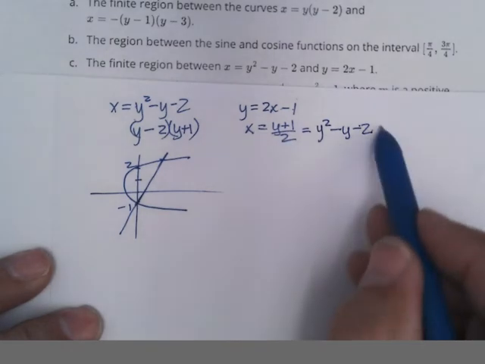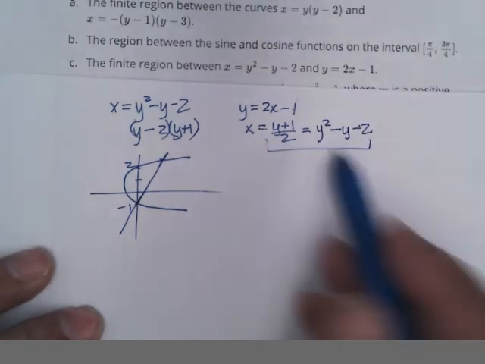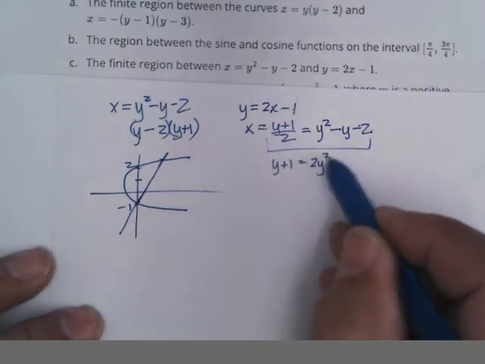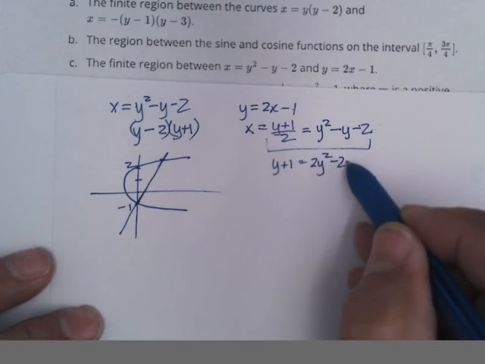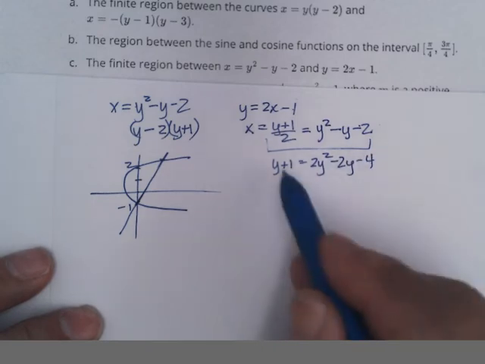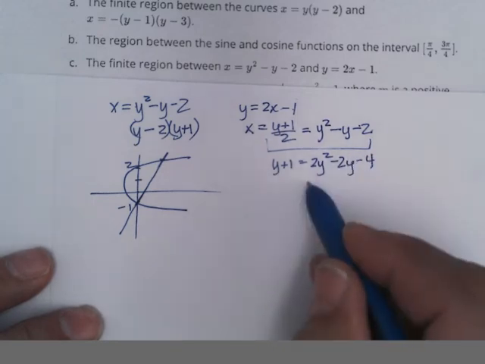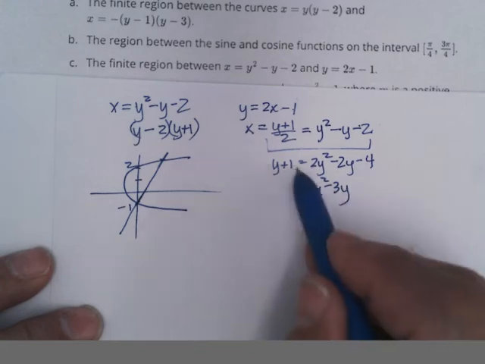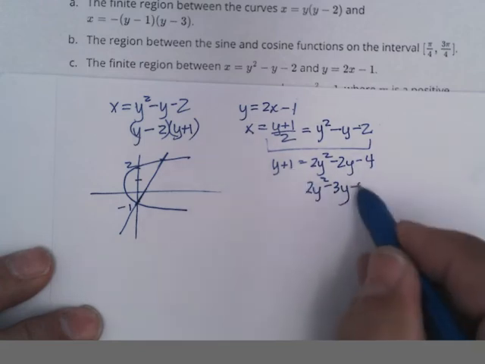So if I multiply this part by 2, I get y plus 1 equals 2y squared minus 2y minus 4. Subtract a y, so I get 2y squared minus 3y, and subtract 1, minus 5.